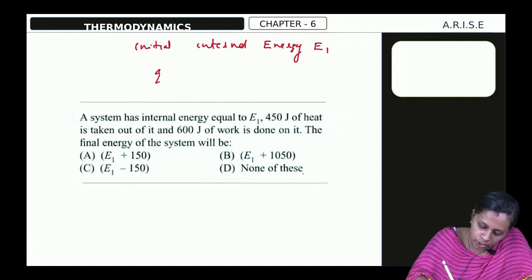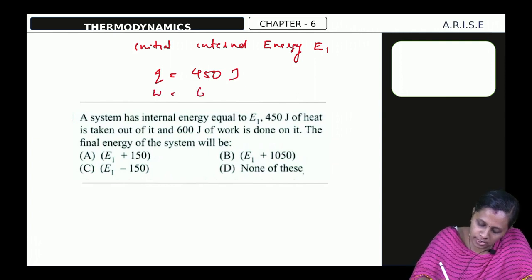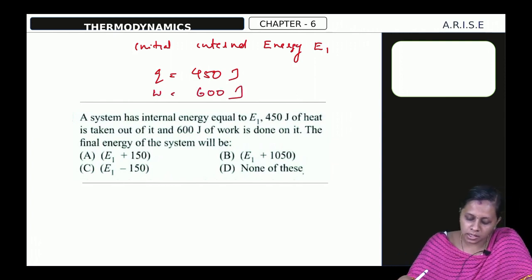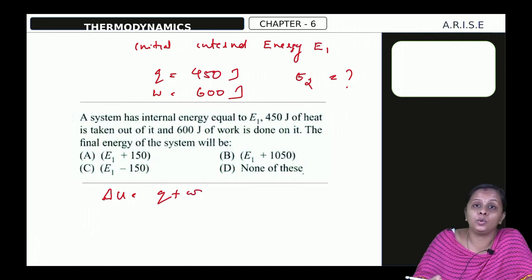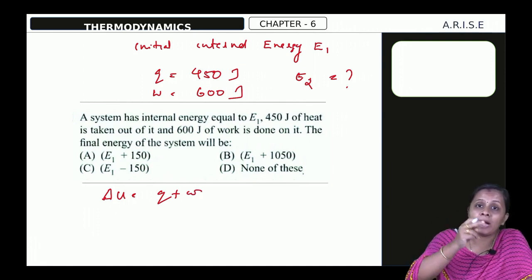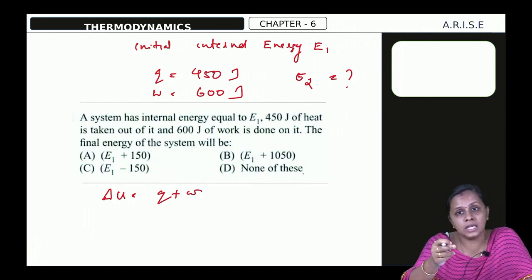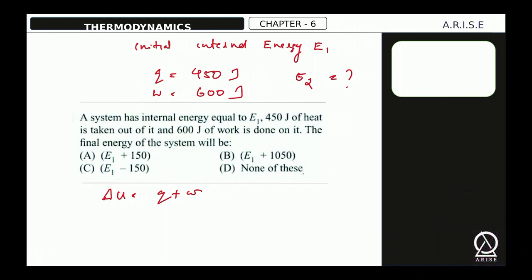So here Q is given as what? 450 joules and work is given as 600 joules. They are asked to find out the final energy of the system. So they are asked to find out E2. So we know that delta U is equal to what? Q plus W. What is delta U? Final internal energy minus initial internal energy, that is known as change in internal energy.